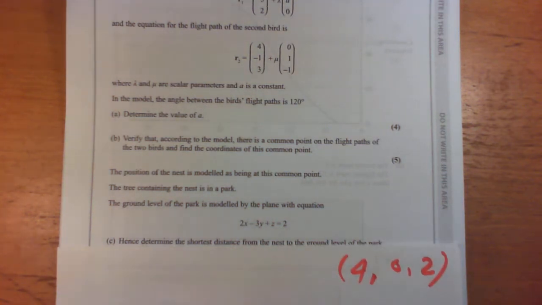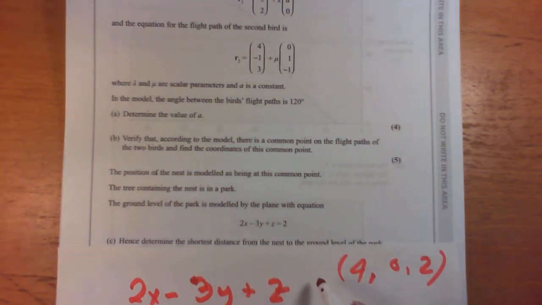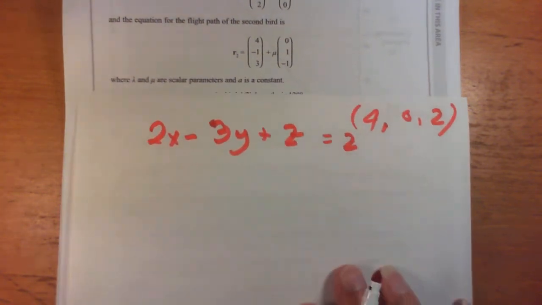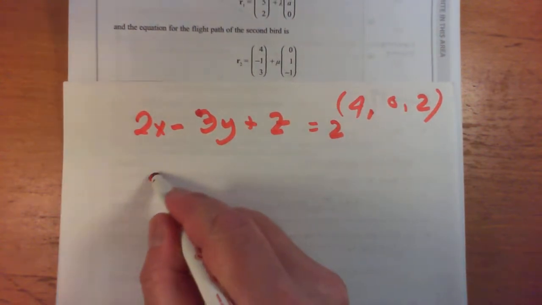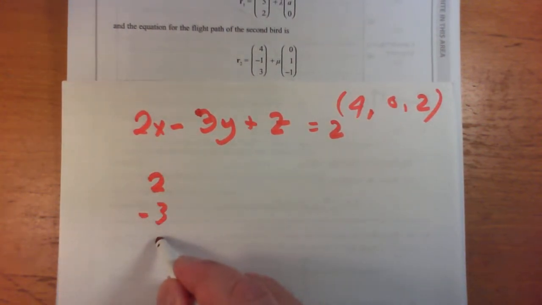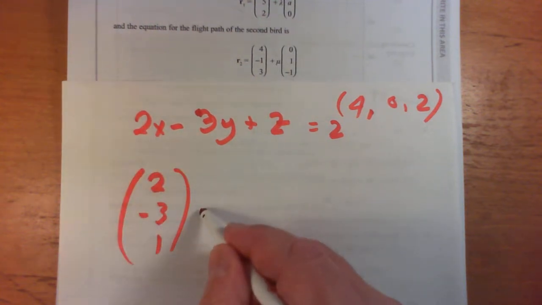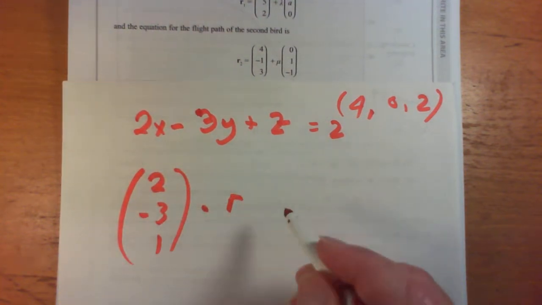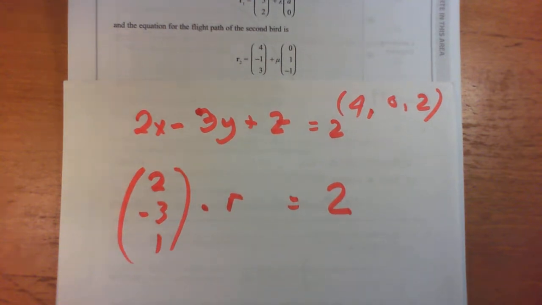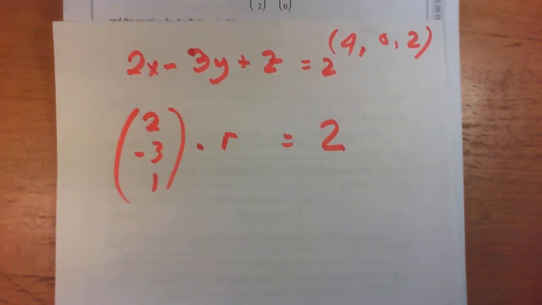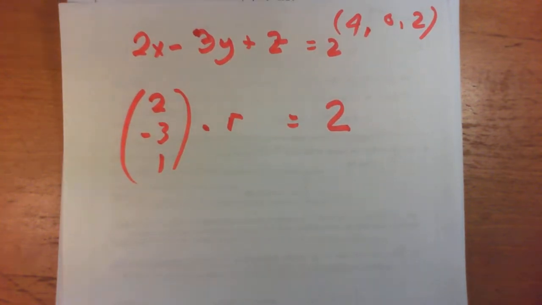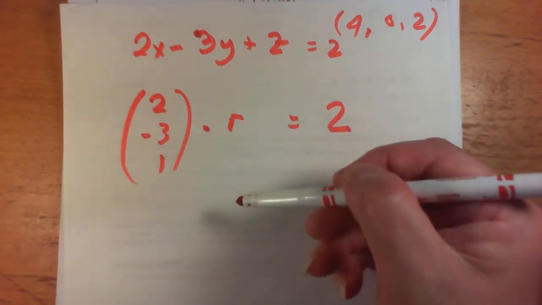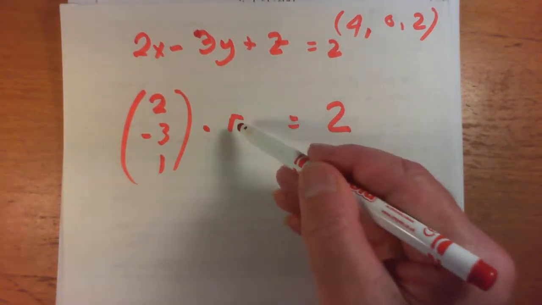Now, the plane of the car park is 2x minus 3y plus z equals 2. So that can be represented as (2, -3, 1) dotted with r equals 2, where r equals (x, y, z).